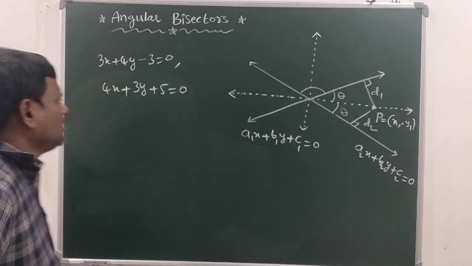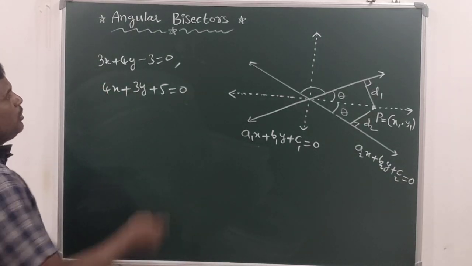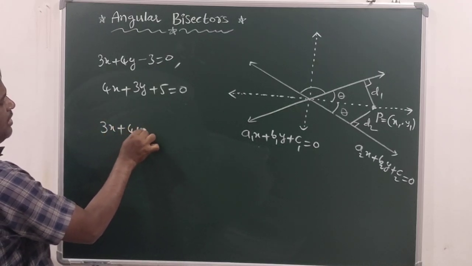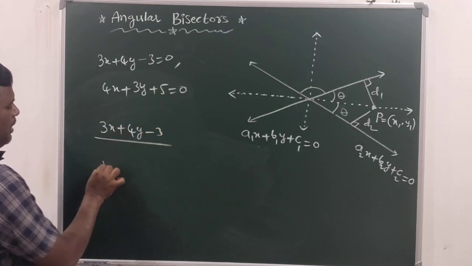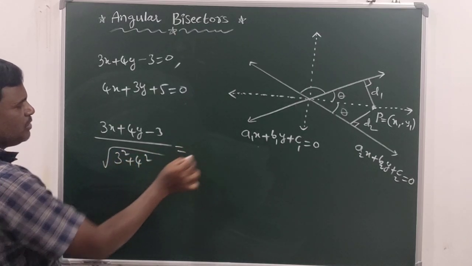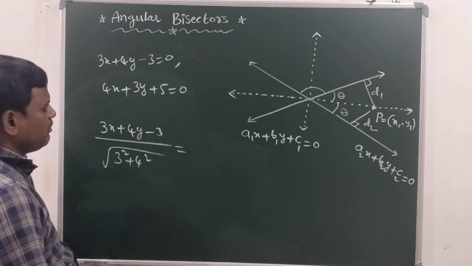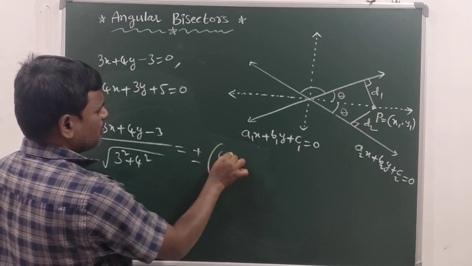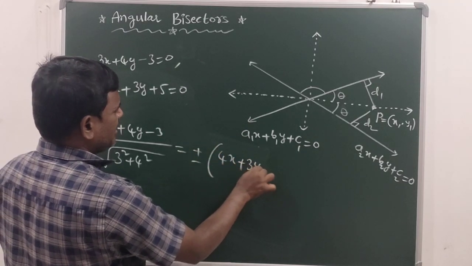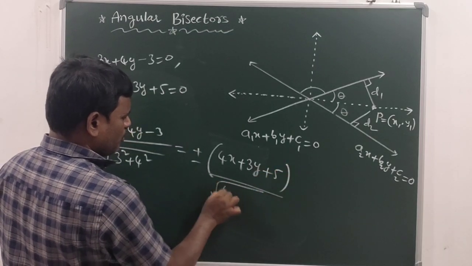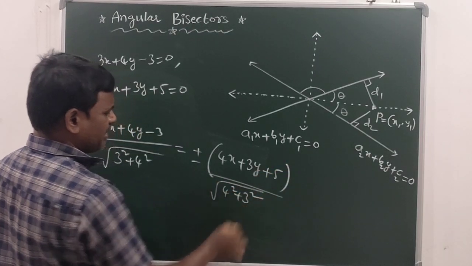Okay students, so how do you find? See here, (3x + 4y - 3) by root of 3 square plus 4 square is equal to, so here what you have to write? Plus or minus (4x + 3y + 5) by root of 4 square plus 3 square.